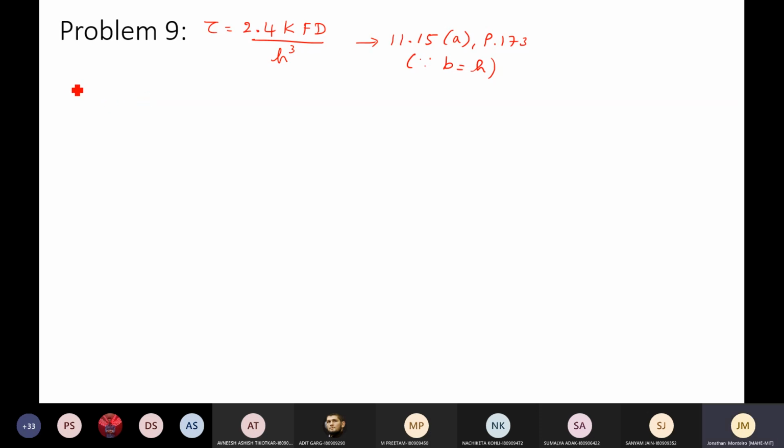So what do we know? 350 is already given to us. This is 2.4 into K. The K value, do we know that? Okay, we can find out. We know that C is equal to D by B. What is given, you see? Go back.